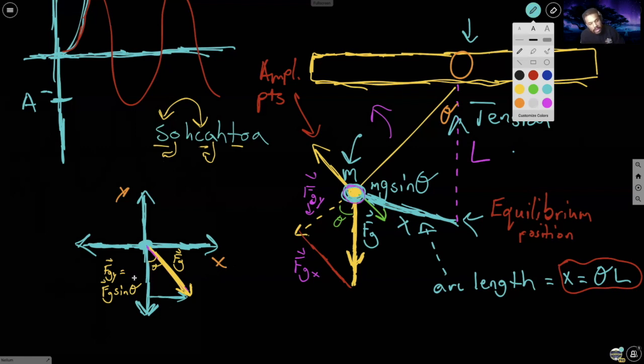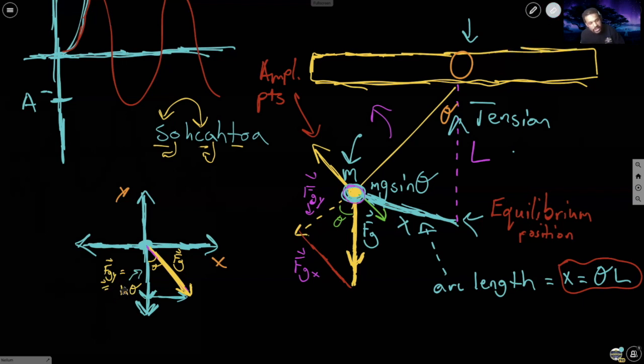And then, so that's what this component equals. So that means that vertically, that is what, so I just realized I did this wrong.